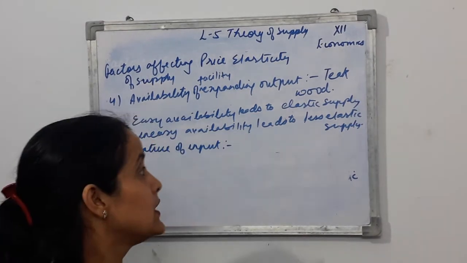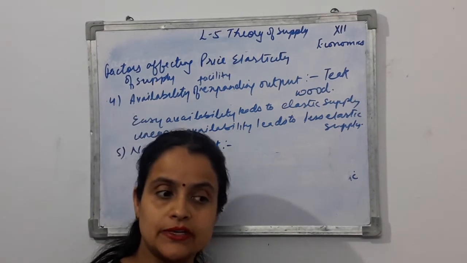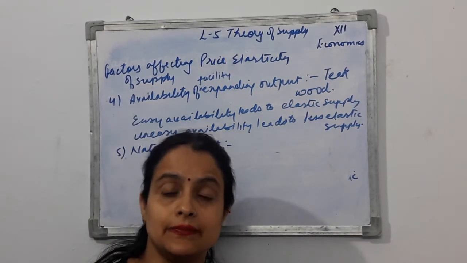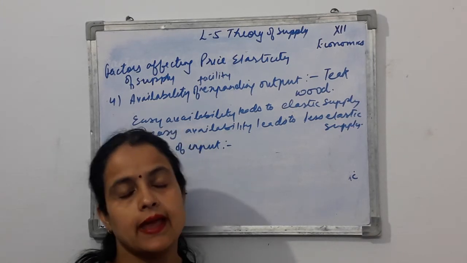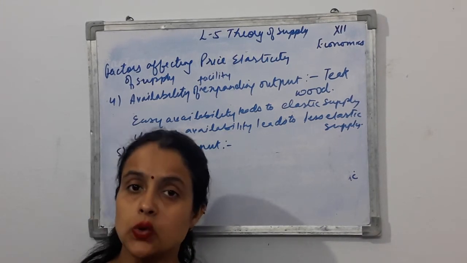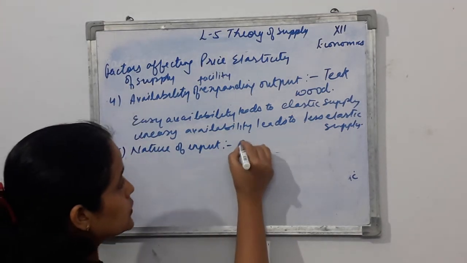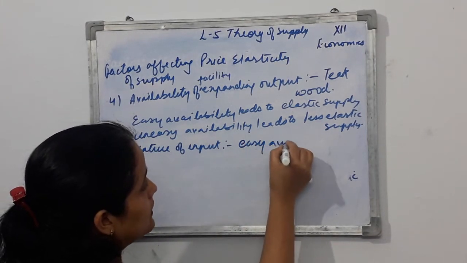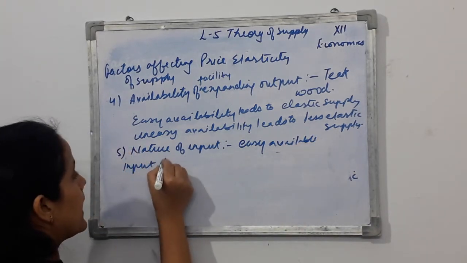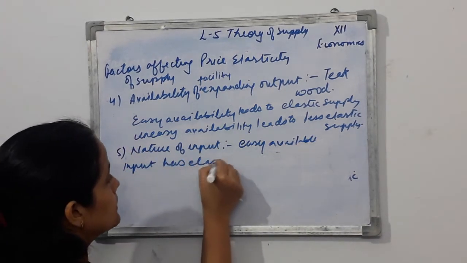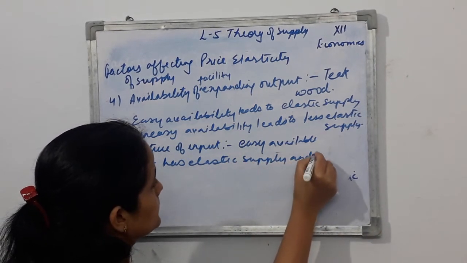But in case, like you can again take the example of teak wood here, the availability of the input is not that easy, the accessibility is not that easy, in that case what is going to happen? The production is going to be low, and so the supply is also going to be low. Okay? So easily available input has elastic supply, and vice versa.